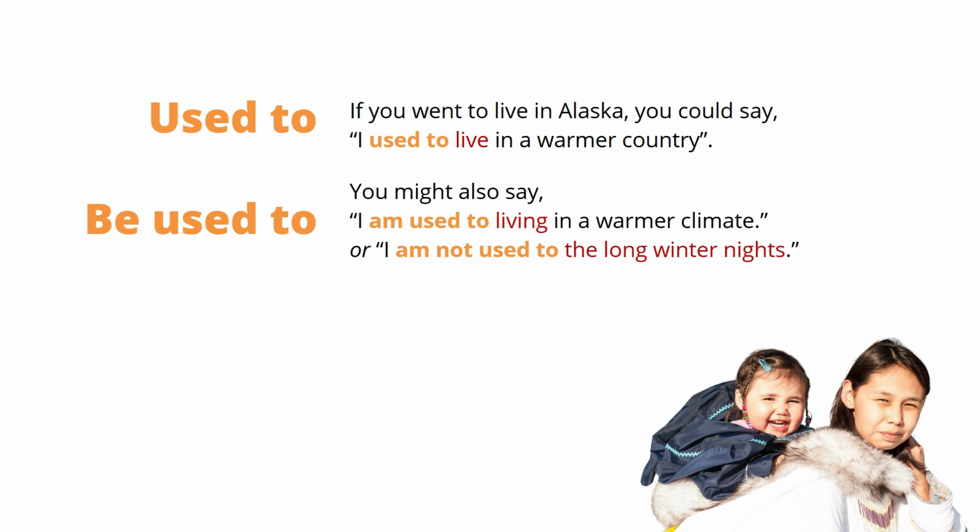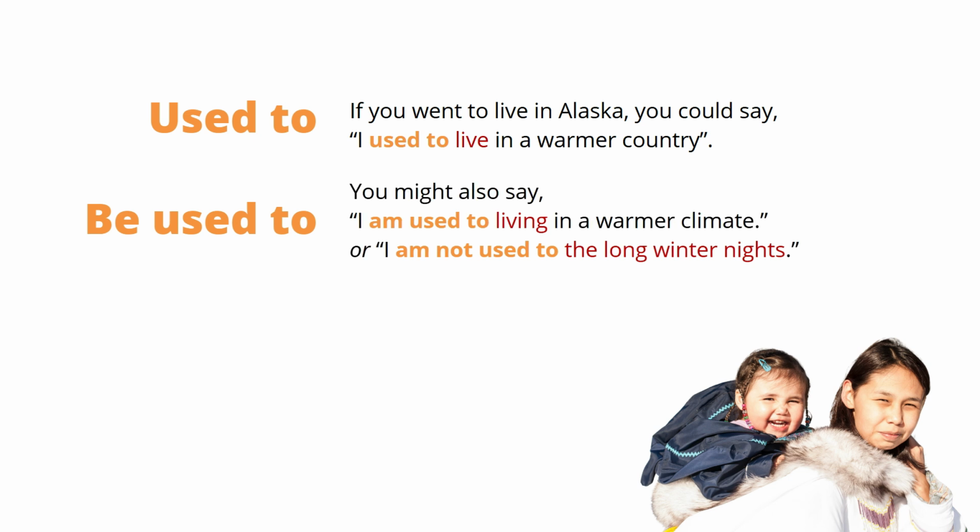I am used to living in a warmer climate. Or, I am not used to the long winter nights. Because the nights in the winter in Alaska, being very far north, the winter nights are very long. So you can say, I am not used to the long winter nights. And again, I am used to living, ing form of the verb. Or I am not used to, with a noun, the long winter nights.